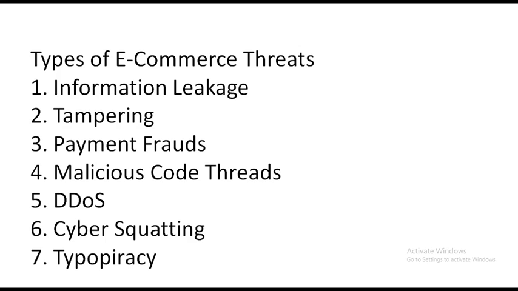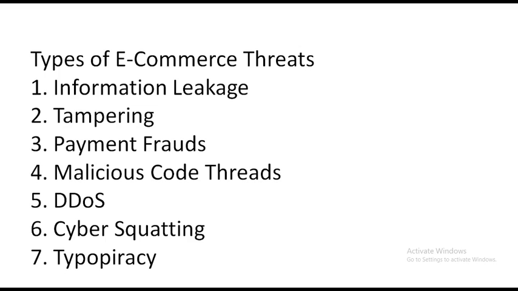First one is information leakage. It is a leak of trade secrets in e-commerce and mainly includes two aspects. One is that the content of the transaction between the vendor and customer is stolen by a third party. If you are purchasing something online and giving your money online, the information between the vendor, the merchant who is giving the product, and the customer is stolen by a third party.